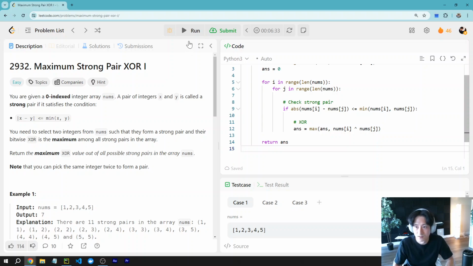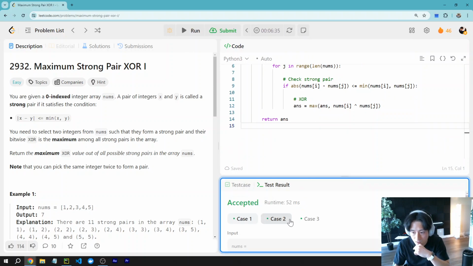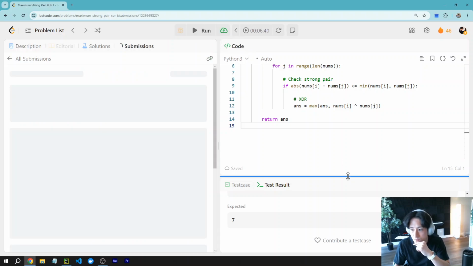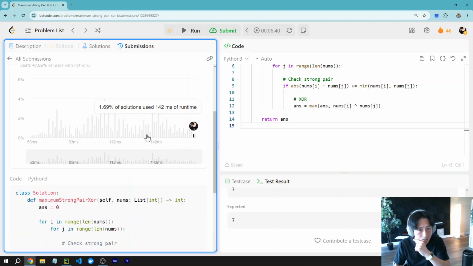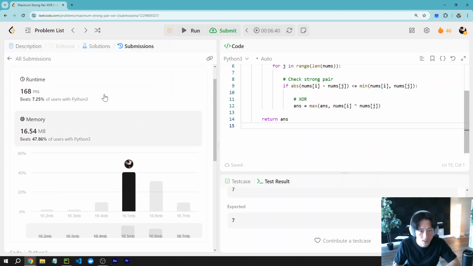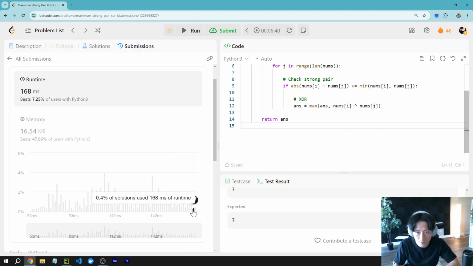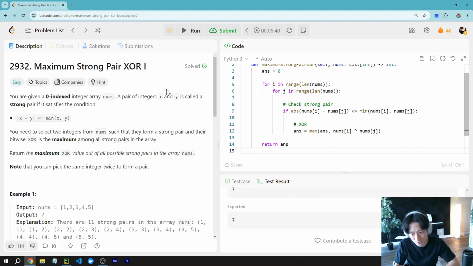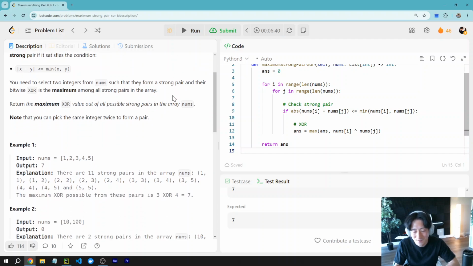If I run this with the test case, it looks like it's working, and if I run with all the test cases, it's solved. But what I can see is memory looks okay, but runtime is worse. Because I finished at about 7 minutes, maybe I can spend a few more minutes to think about a better approach.